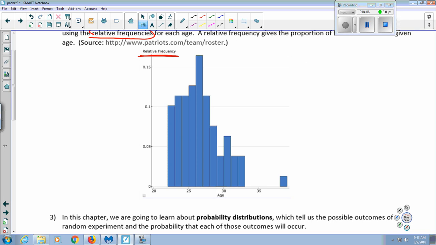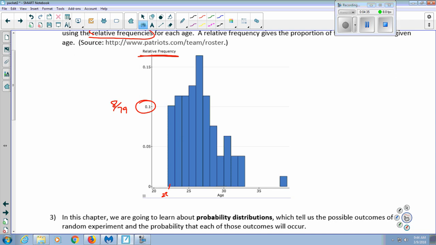So you can already see just quickly that if we're looking at those 22-year-olds, the relative frequency is about 10%. That's what we calculated on the previous page. This is 8 out of 79. So it's figuring out the proportion of observations out of the total.